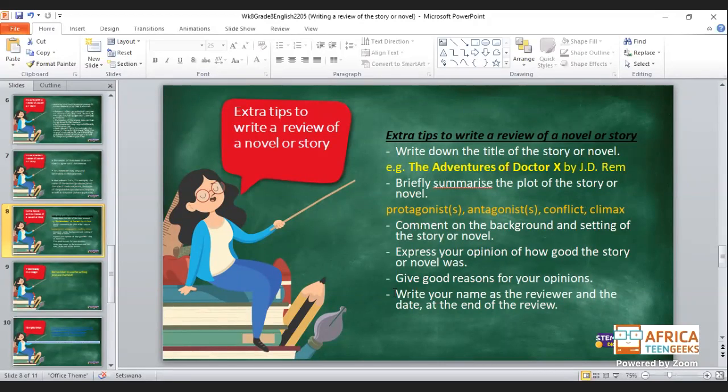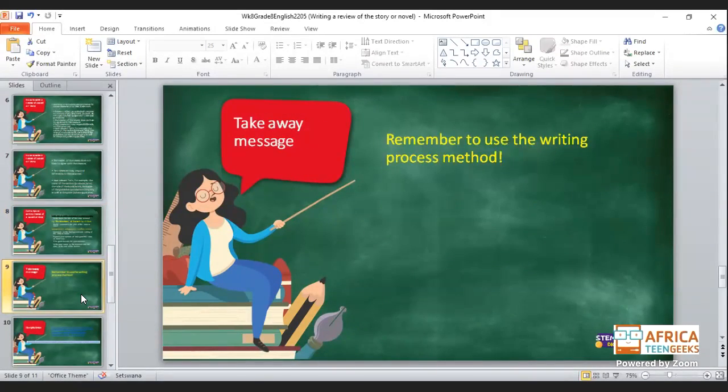You will also need to draft the plot you have summarized, your comment on the background, and your opinions, checking for grammatical errors and spelling errors, to make sure that what you are trying to communicate with your review is communicated. So remember the writing process method, because with every transactional text we use it.